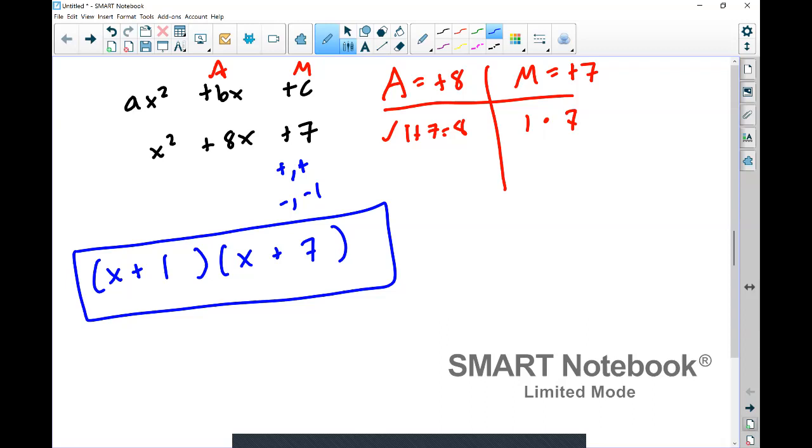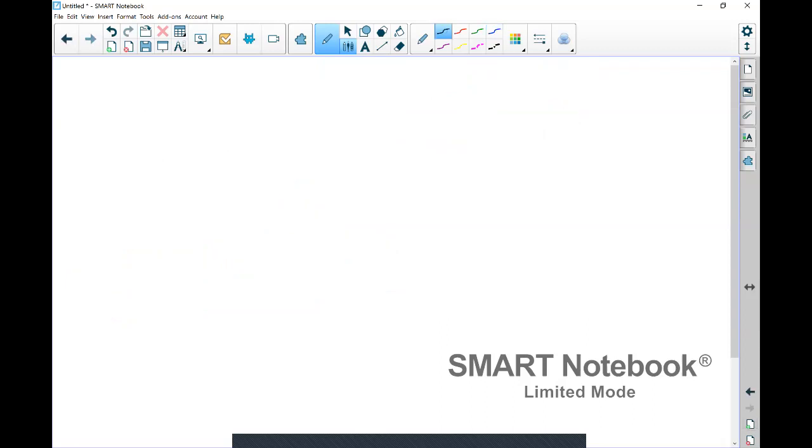Okay, another example, also with a positive third term: we have x squared minus 11x plus 10. What is our A? Well, it's a negative 11, and then our M is the positive 10. So we need two numbers that add to a negative 11 and multiply to a positive 10.